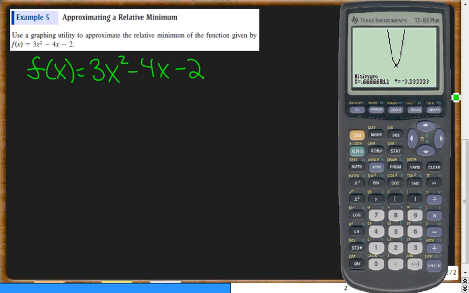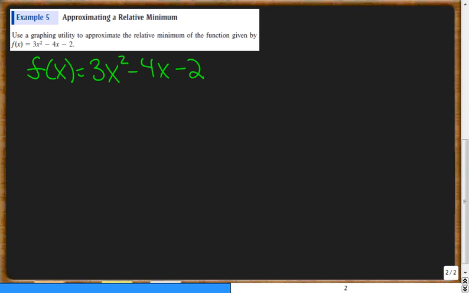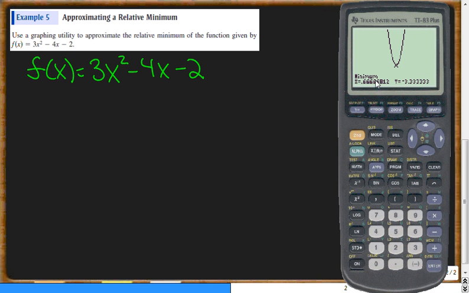This is just an approximation. Your calculator is not going to give you exact numbers, at least if you have an 84. Let me pop this back up. It looks like your minimum is at 0.66666, that's 2/3 to everyone else, and y equals negative 3.33333333, that's negative 10/3.